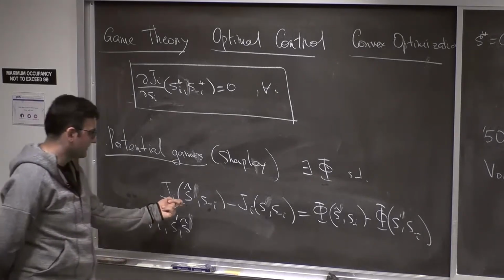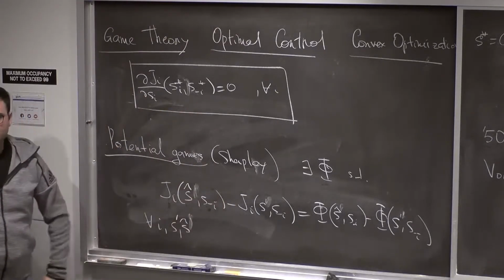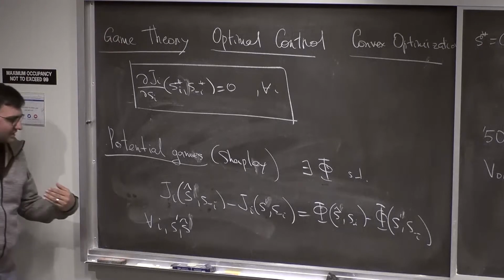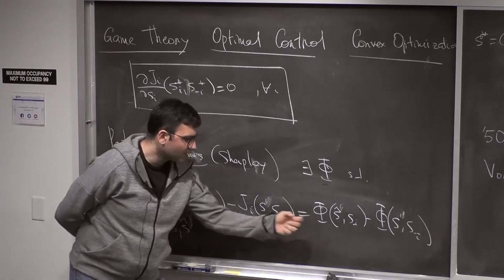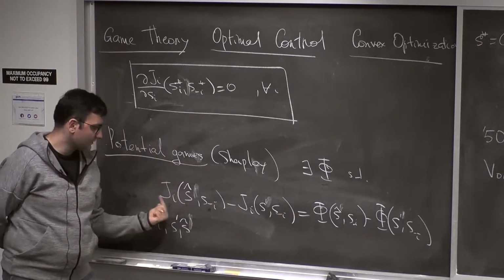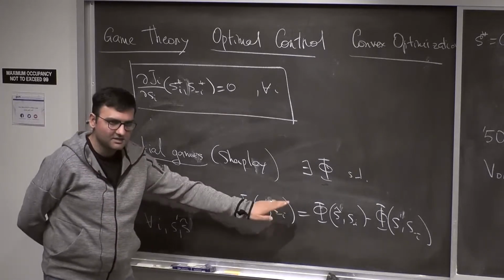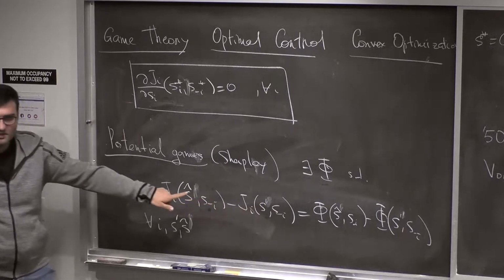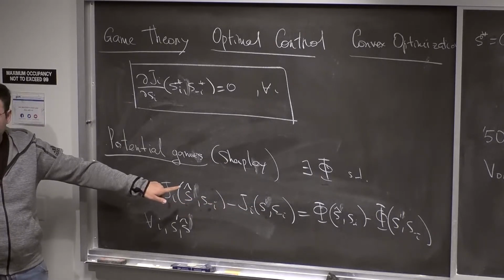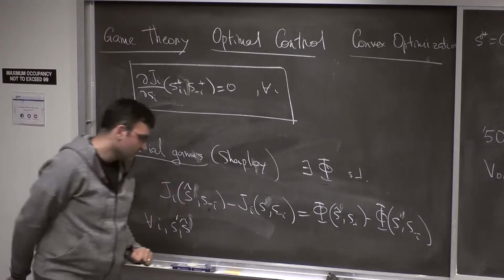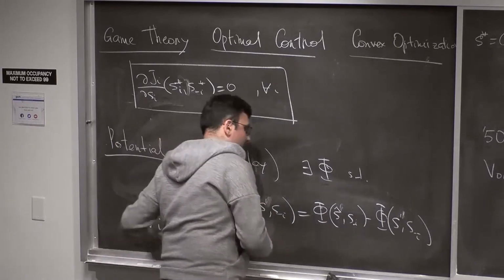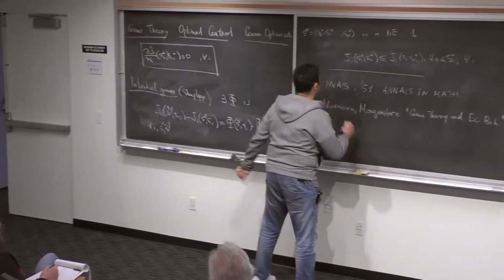It measures the difference between the objectives, and what we're saying is that there is one function that works for all players i. Okay, so is this assumption clear? Okay, so let's see what happens in this case with the Nash equilibrium.